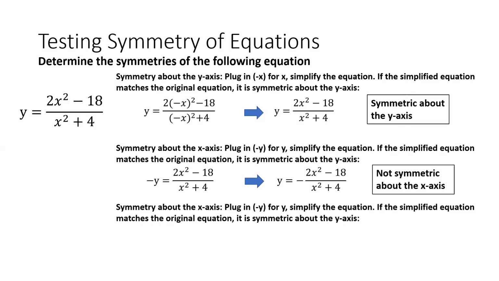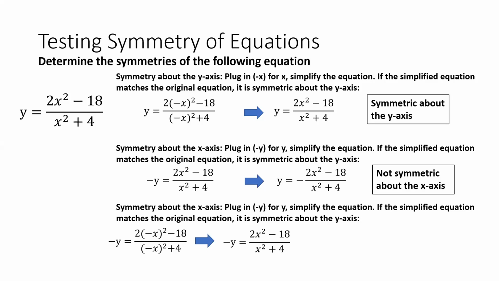Last process, and I guess I just have another typo, if I'm trying to do symmetry about the origin, now I plug in negative x for x, and I plug in negative y for y. So I'm almost combining the two. And so what happens if I plug in negative x for x and simplify?